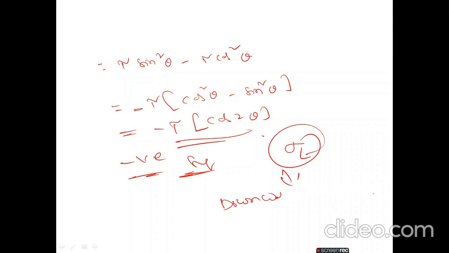This is the most important thing. So this is whatever we discussed so far in simple shear. Okay, so now we will solve some more problems regarding this.